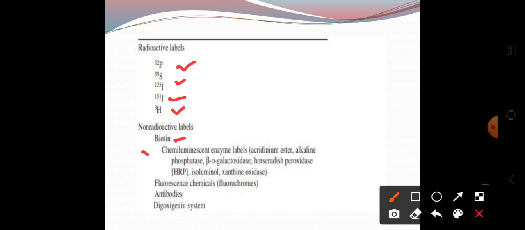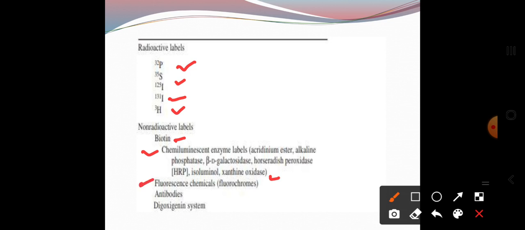Another one is chemiluminescent enzyme labels. These enzymes, which produce chemiluminescence, include acridinium ester, alkaline phosphatase, beta-galactosidase, horseradish peroxidase, commonly known as HRP, isoluminol and xanthine oxidase. These are the enzymes used in non-radioactive labeling.